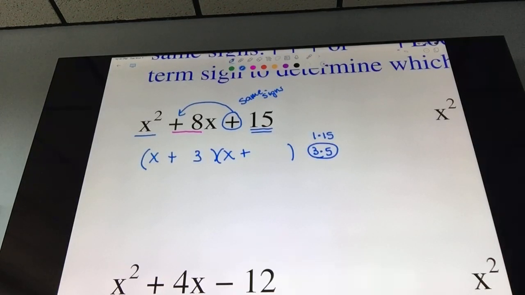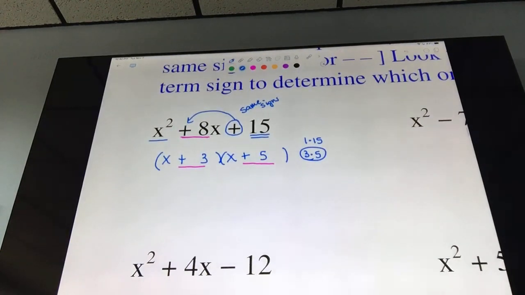So positive 3 and positive 5 should give you positive 8. So that's how you're choosing which numbers to use once you get your pairs of numbers. Sign rules, really important.